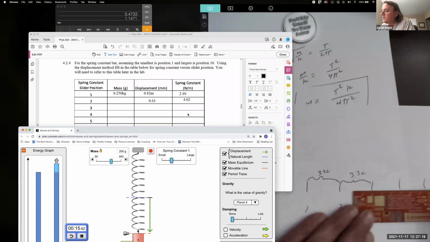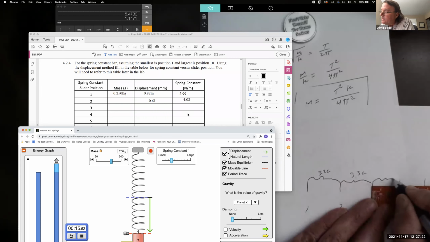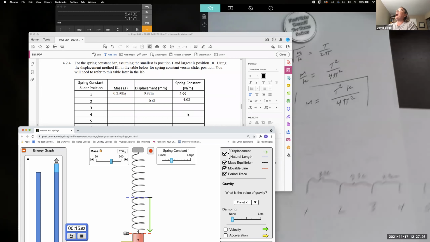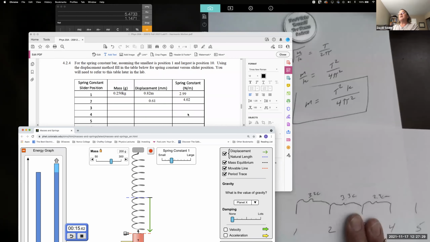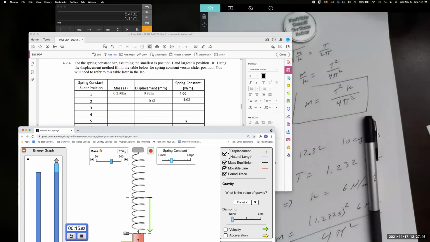This division was 2.9 centimeters. I have to calibrate this ruler. Likewise, you're calibrating the slider here to an actual spring constant. That's really important. That's one of the big things to get out of the lab, is you're calibrating your spring constant.